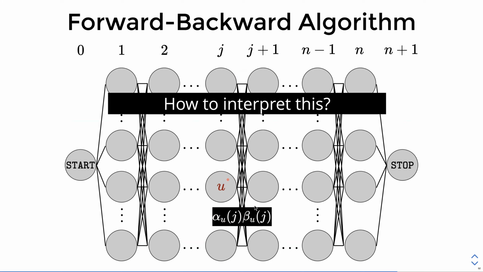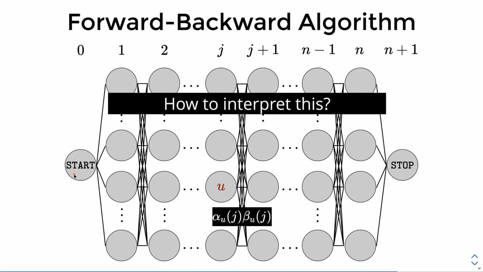As for beta uj, it's the sum of the scores connecting this node and stop. So my question is, how do I interpret the multiplication between the two? If you think about it, it should be the sum of the scores of all the paths connecting start and stop going through this node. Make sense?